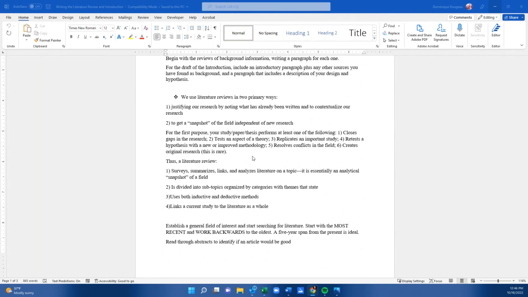So is your research closing a gap in the literature? Maybe when you're doing your lit review, you're just starting to get ideas for your hypothesis, you were looking in the literature and you didn't see a lot of research on X, Y, and Z.